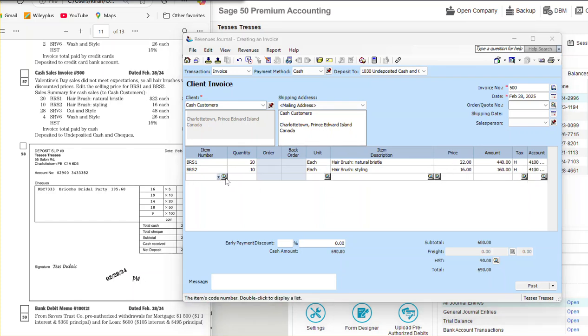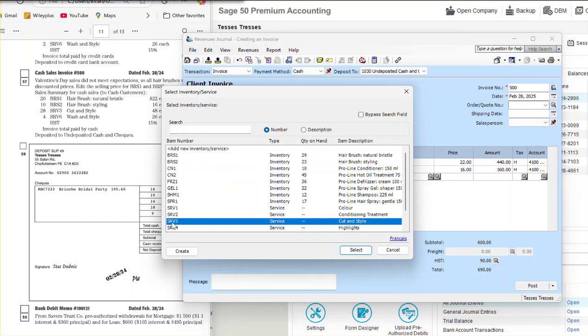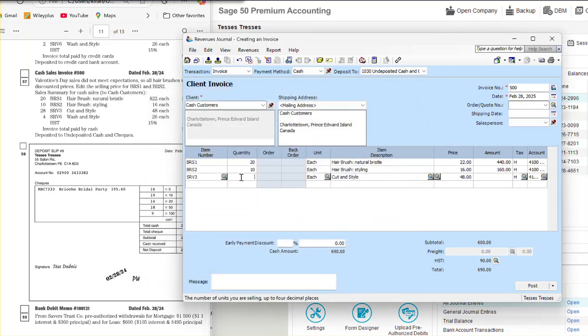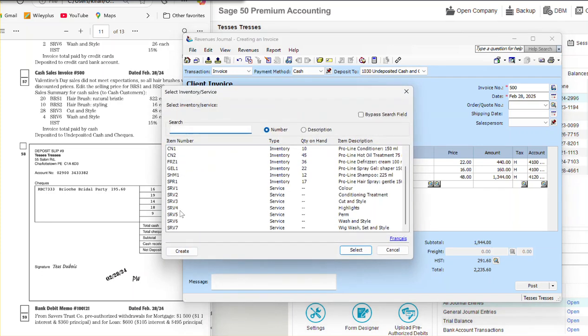I have SRV3, and it is 28, and we have 4 of the SRV6.